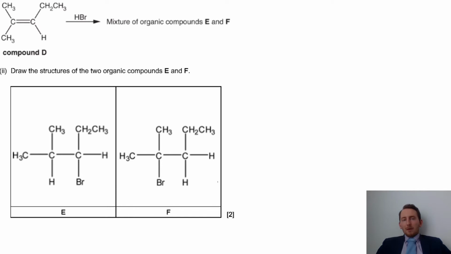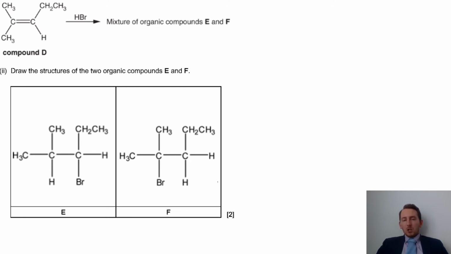We break that bond because we are adding that H and that Br into this particular compound, and we could get either E or F. If you drew E and F the other way round, that's not going to matter, but make sure you have the correct geometry. We have the correct geometry for the alkene at the top, but because we no longer have that double bond, everything is straightened up, looking as it is there. So those are the two products.